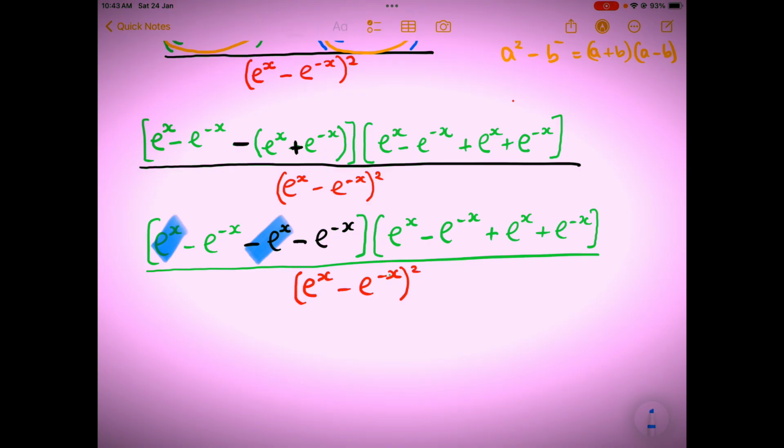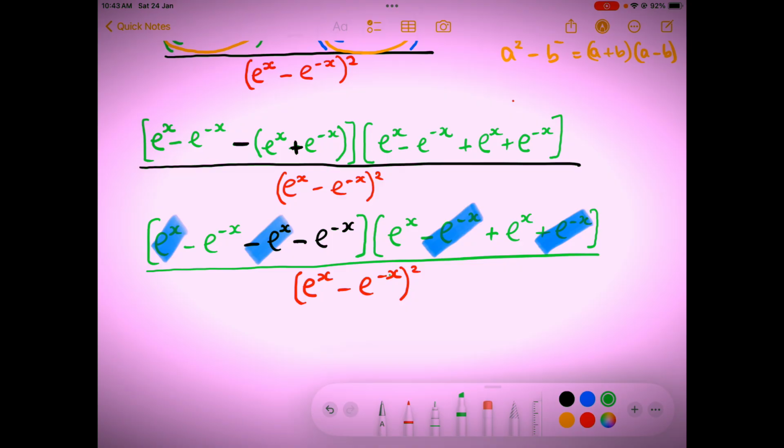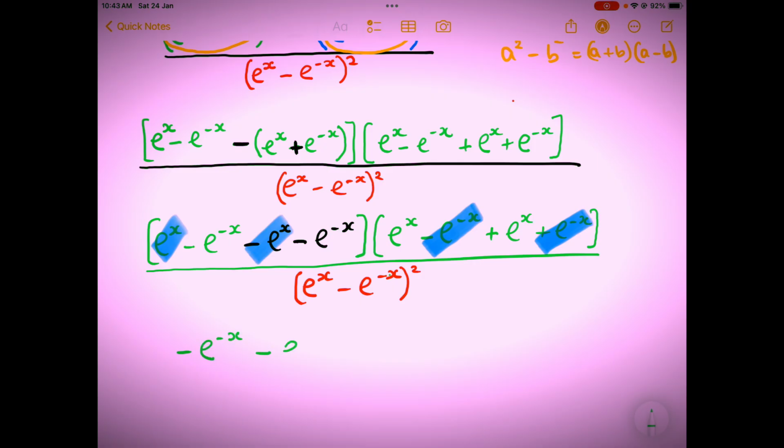And then I can also see that on this part, this can also cancel out that, right? This can also cancel out that. So now we are remaining with minus e^(-x) minus e^(-x), all in one bracket.